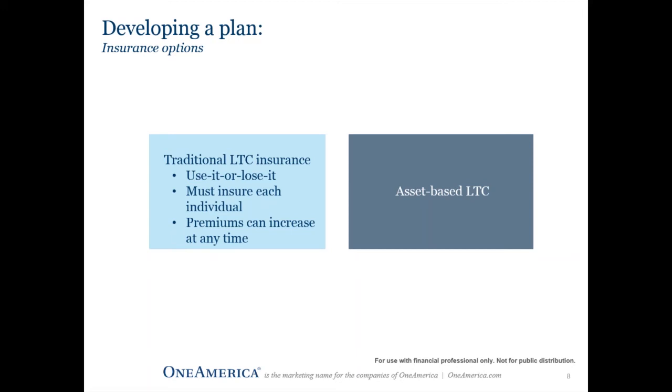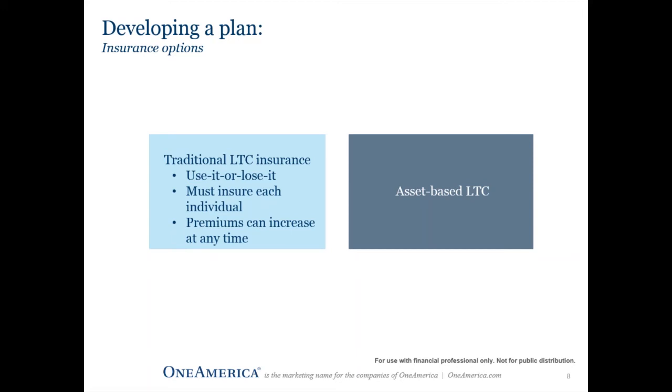And we know that the traditional long-term care insurance plan, at least in today's financial planning environment, offers benefits that our clients don't really see value in. So the premium to benefit equation is incongruent with what our clients perceive as value.